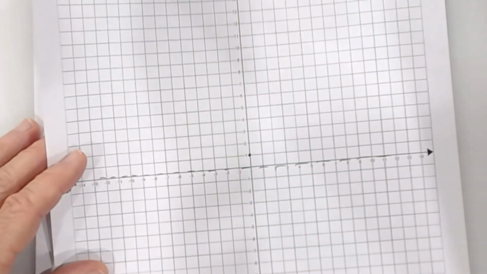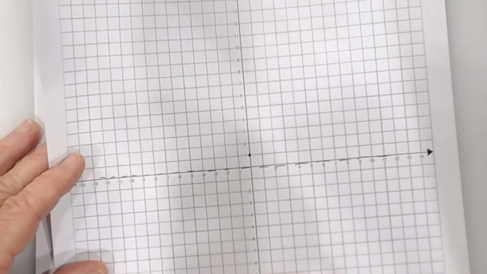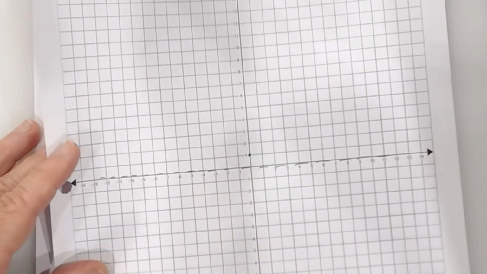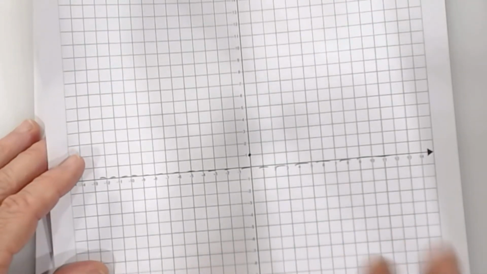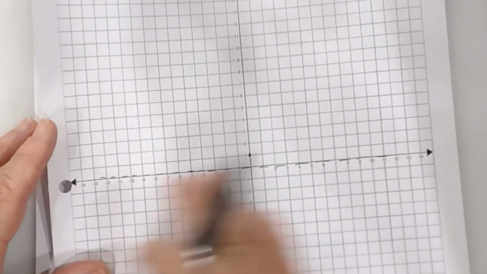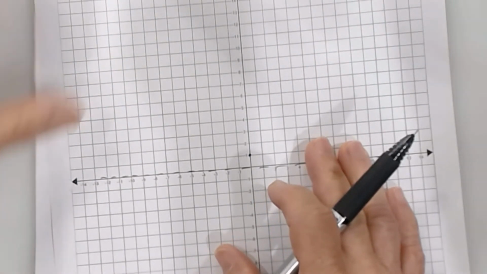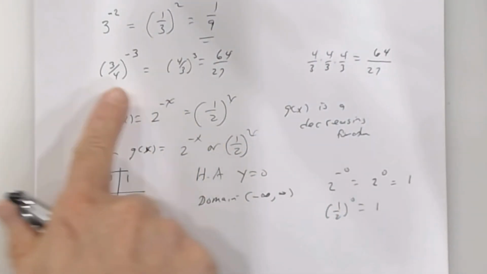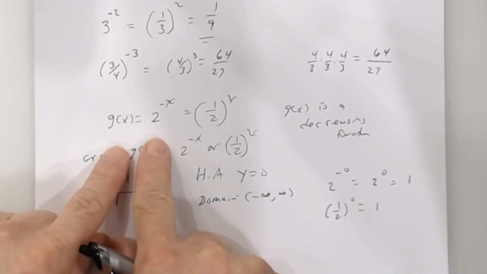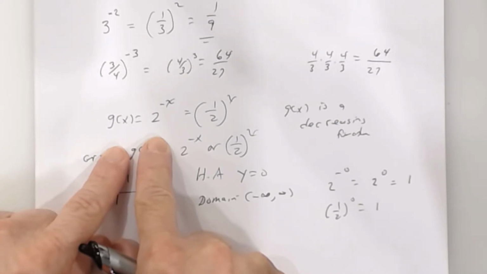And now you know that the graph is located where? Above or below the horizontal asymptote? Above. So right away, you can tell me the range without even graphing it, just knowing that it's above, right? And how do you know that it's above the horizontal just by looking at your function? We talked about that a couple of times yesterday and the day before. Guys, you know it's on your next test, right?